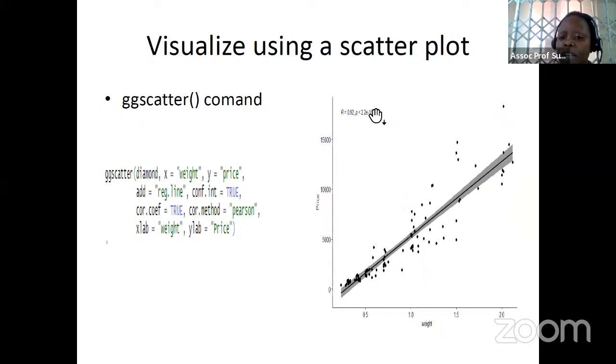Now, if we get a p-value smaller than 0.05, then we have evidence to reject the null and conclude that price is positively and strongly correlated with weight according to the results we have. So the correlation value is 0.92. It is positive and strong, meaning price is strongly correlated with weight, but also the correlation is significantly different from 0.